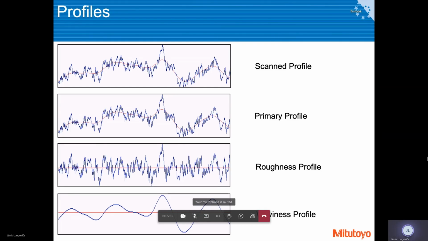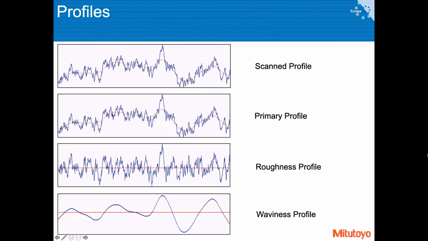I hope so. So basically, yet again, step by step. If this is a very magnified cross section of our part which we produced, then we can look at this profile as a combination of different wavelength oscillations.